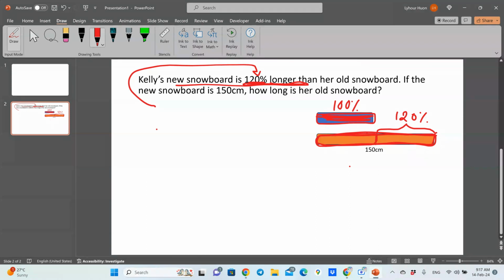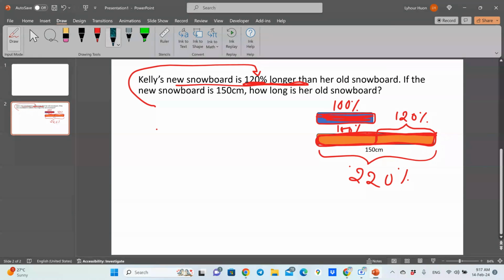What is the total percentage of the new one? The old one is 100, but it's longer by another 120. So in total, it will be 220%. Right?